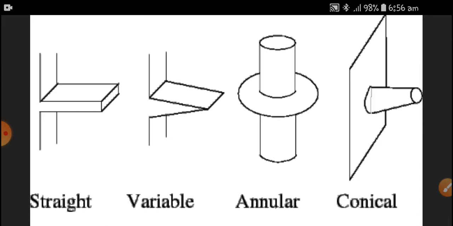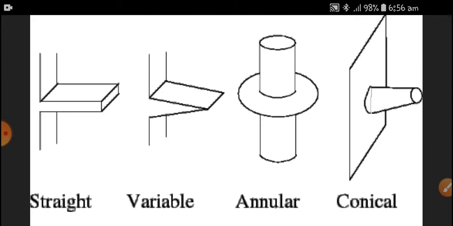If I say fins, you have to remember the Biot number, because the effectiveness of the fin depends on the Biot number. The Biot number of fins is generally less than 1.